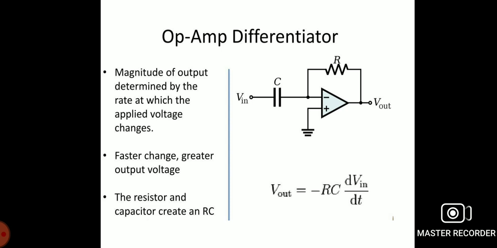If the product RC is equal to 1 second, then the output voltage V naught is equal to negative of dVi divided by dt. Thus the operational amplifier based differentiator circuit produces an output which is a differential of the input voltage Vi when the magnitudes of the impedance of the resistor and capacitance are reciprocal to each other.